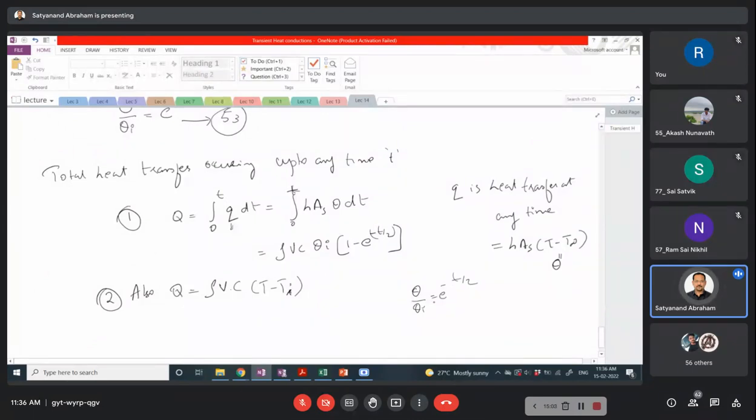Based on that you can find T, and if you do that you come up with this particular term. Basically both equations give the same result; they are just derived from different points of view.